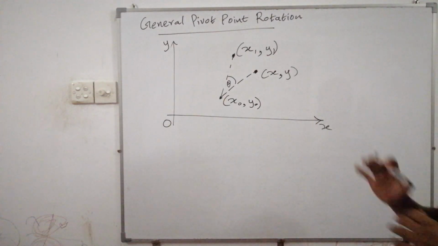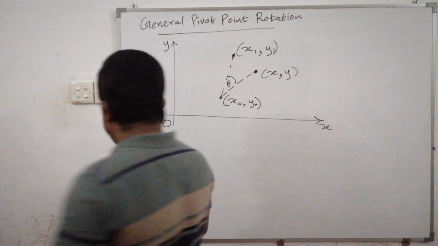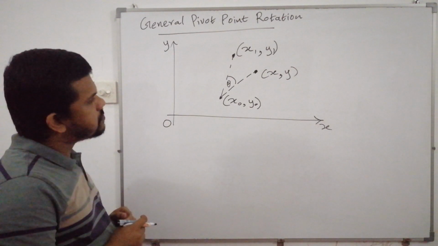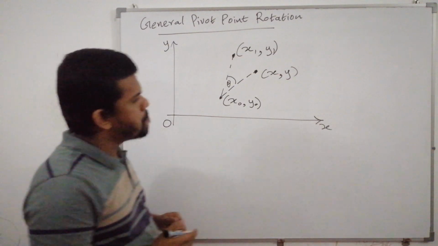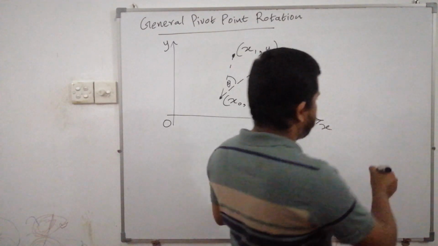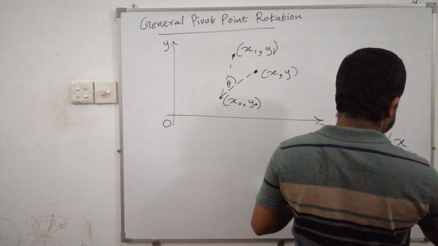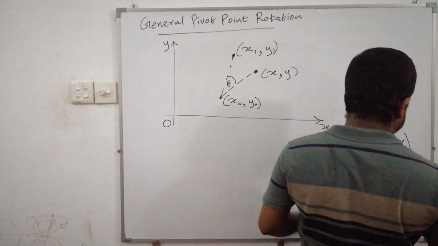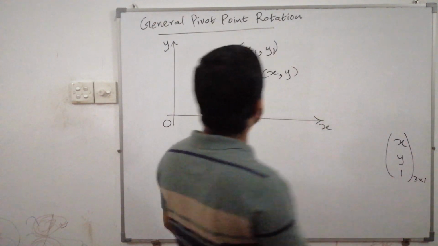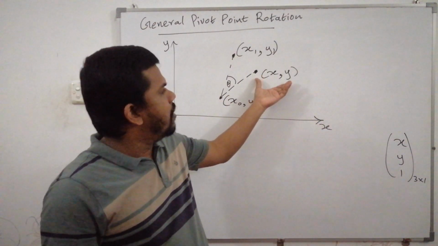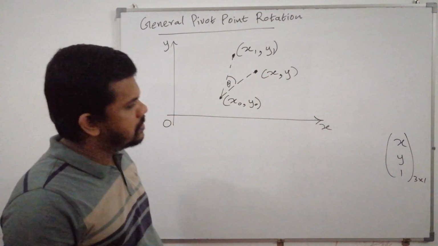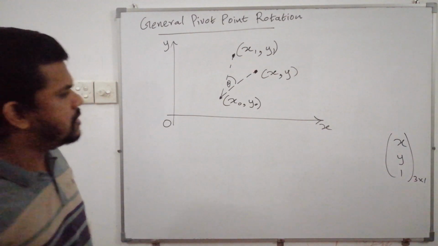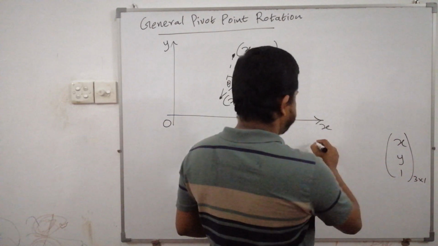Now how can we derive the transformation matrix for this one? So initially this is our three cross one matrix that represents this point. So first, what should we do?